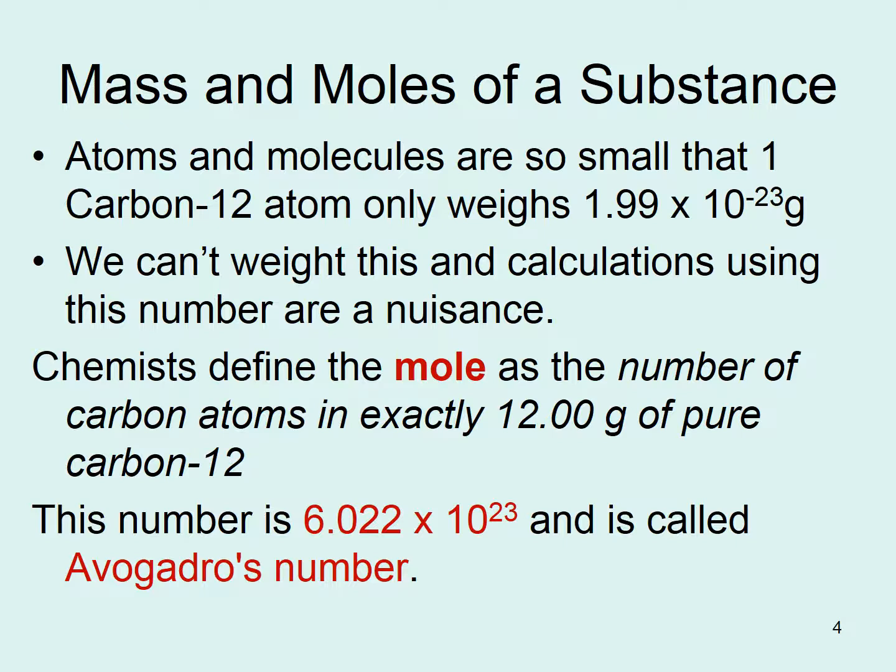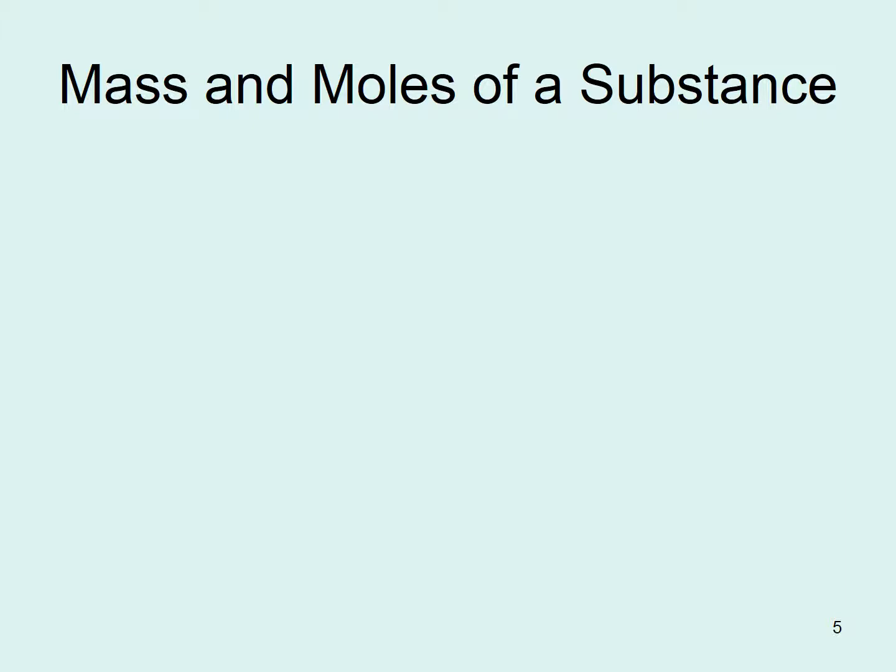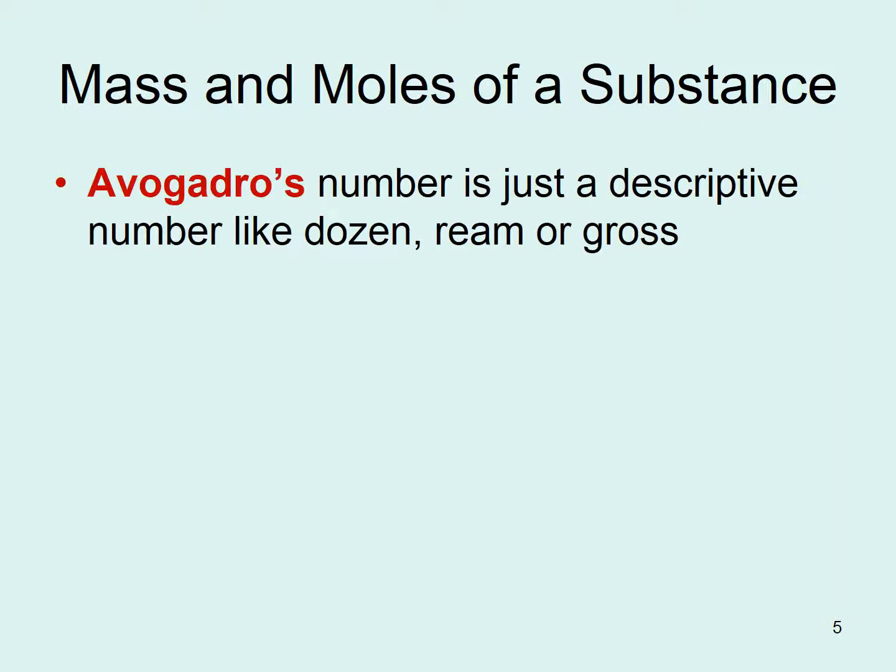You've probably heard of it before, but if not, here it is. So let's just talk about that number for a second. Avogadro's number is just a descriptive number, like dozen or gross or ream.